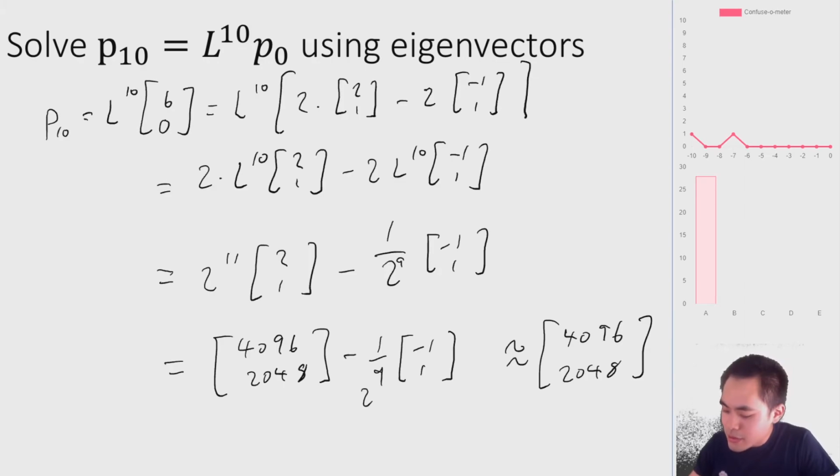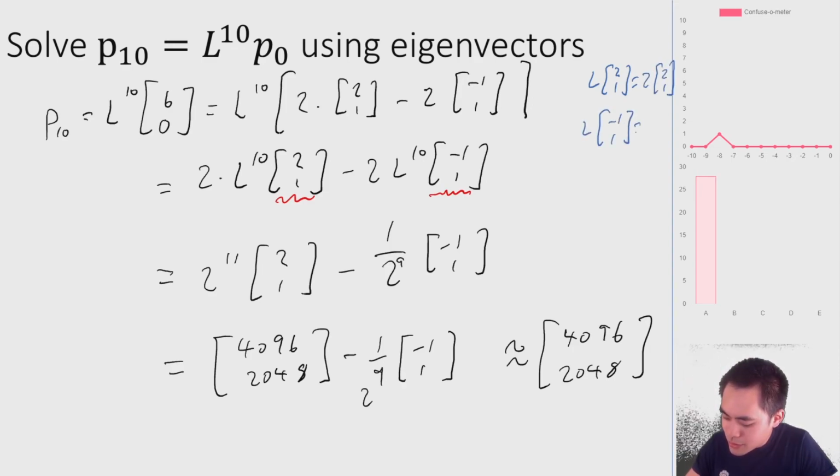But note that these two things are eigenvectors, right? Because these are eigenvectors, L times (2, 1) is equal to 2 times (2, 1), and L times (-1, 1) is equal to 1/2 of (-1, 1).